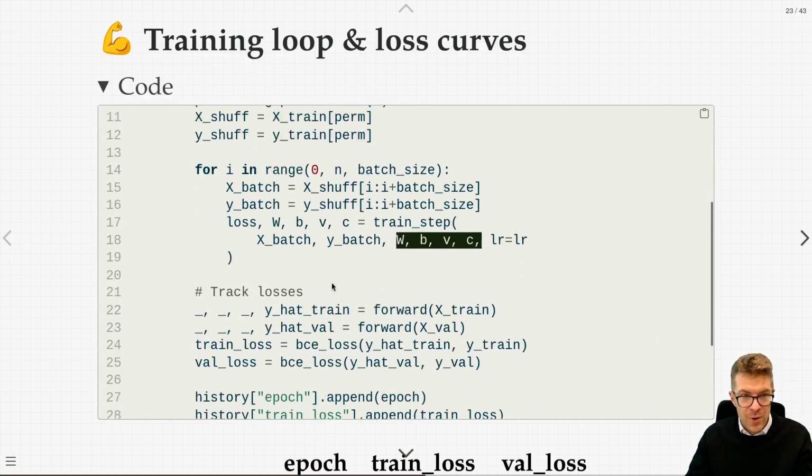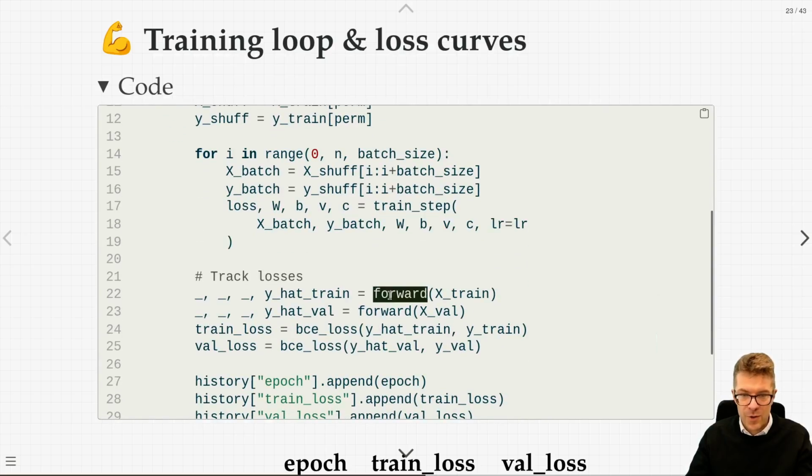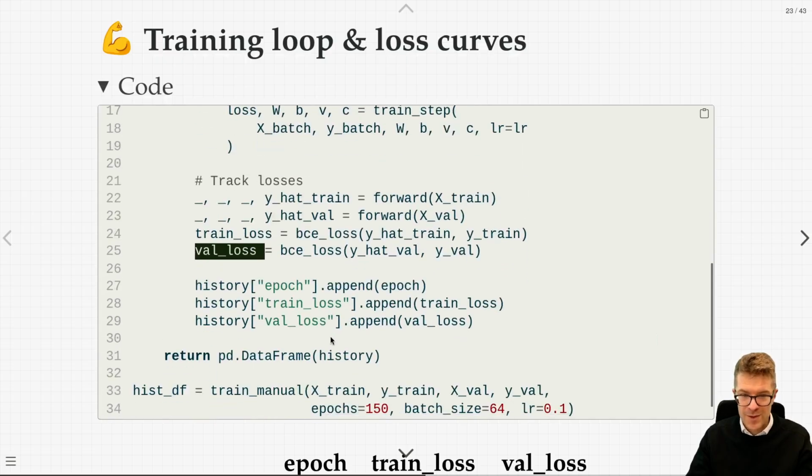And throughout, for each epoch, we're going to store the losses. We're going to store all the information in the forward pass. We're going to get our y-hat in the training, y-hat for validation. We're going to get our training loss and validation loss, and we're storing these so that we can track them later.